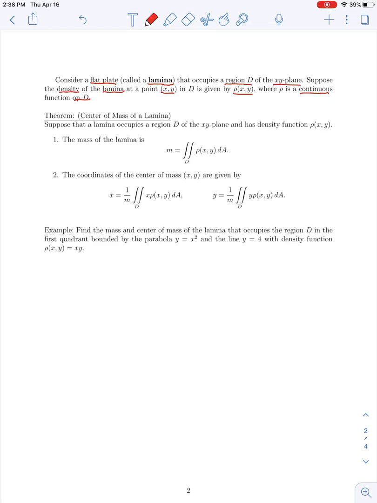Maybe it's more dense or more stiff in certain parts of this plane region. So the question would be, how could I determine the center of mass for that lamina? So if I were to try to balance my plate on a pinpoint, where do I need to place that pin so that this lamina would be balanced? What is its center of mass?